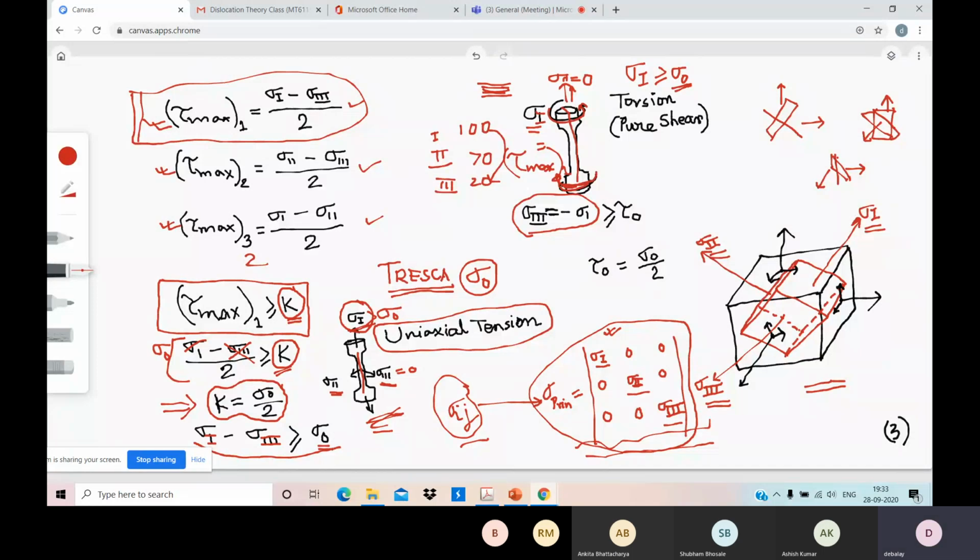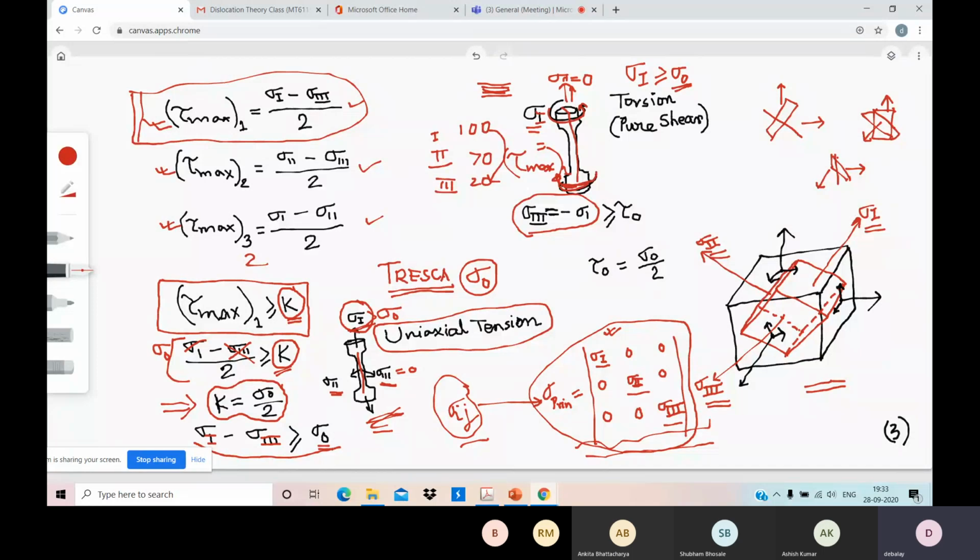So it is very important to understand that all bodies do not yield at a particular yield strength. It depends on the loading. As I told before, if you take a thin specimen, it will be under uniaxial tension. But if you take a big, very thick specimen, it will be triaxial. So when it is triaxial, then sigma 2 and sigma 3 are coming.